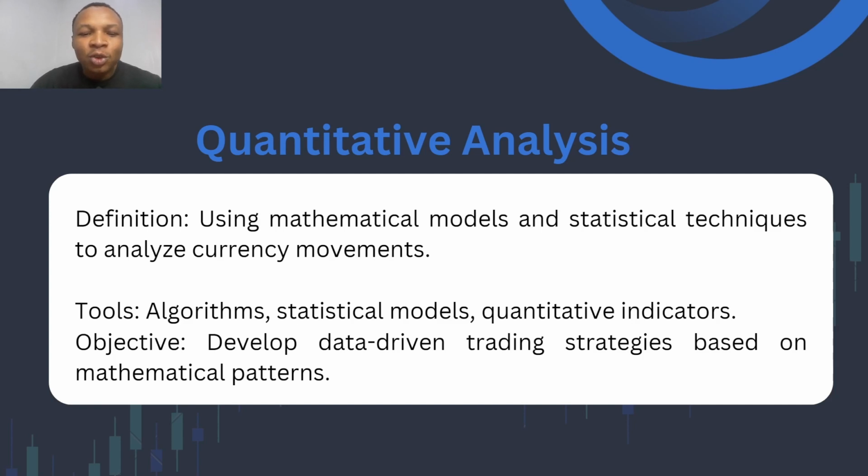They are used to mathematically find out the movements of price in previous times and then predict how they are going to move in future. This is like a machine-based technical analysis: using a machine to run technical analysis to study the past and predict the future. That is what we do in quantitative analysis.